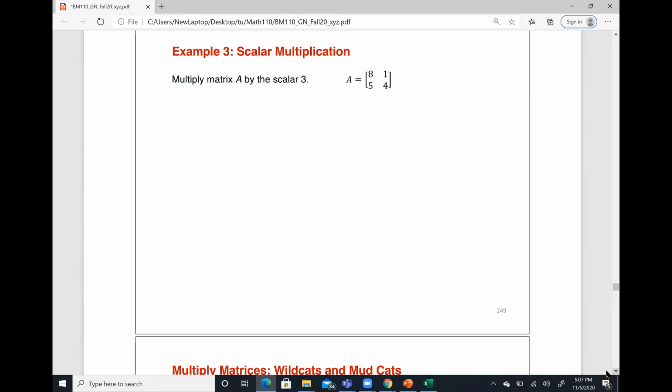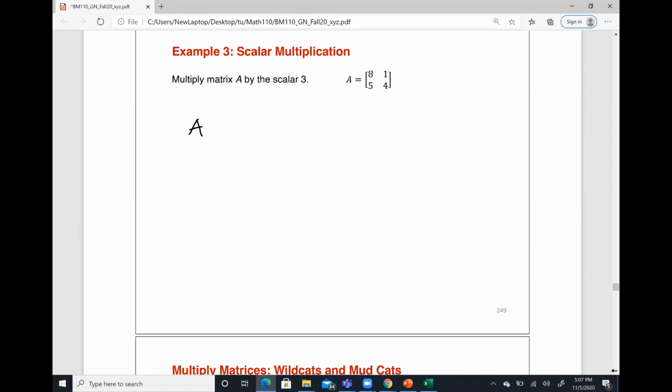Example number 3, we're talking about scalar multiplication. Scalar multiplication is the multiplication between a constant number and the matrix. So let's say multiply matrix A by the scalar 3.